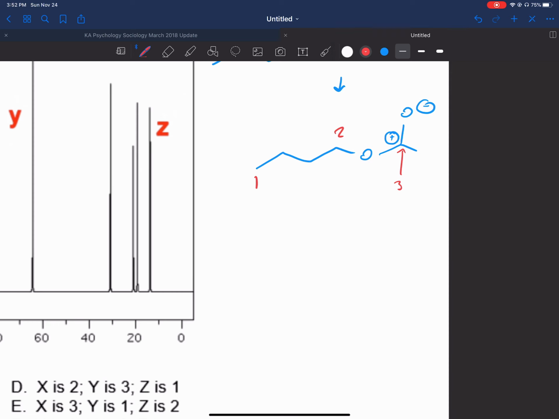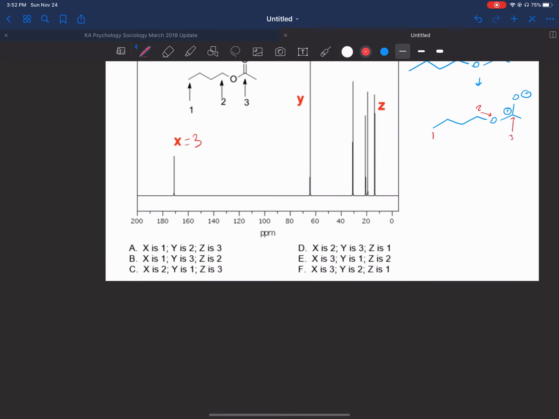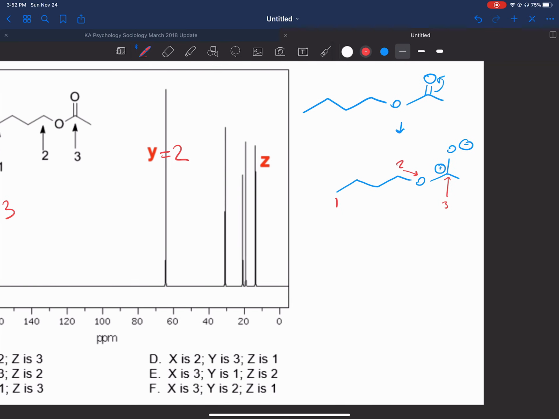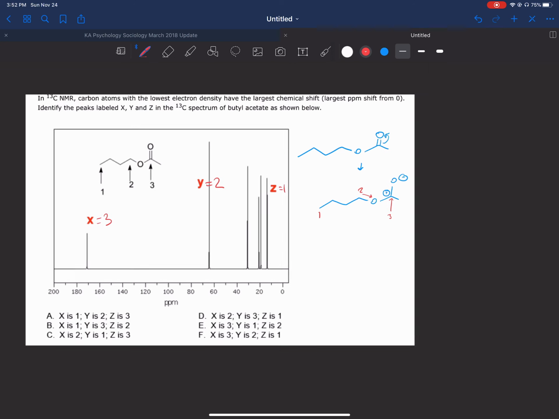A lot of the electron density on that carbon is going to be pulled this way. So we're deshielding again, but through induction. Not as powerful as 3, but still deshielding. So Y is going to be 2, which means Z is just 1. That's how we would have done that.